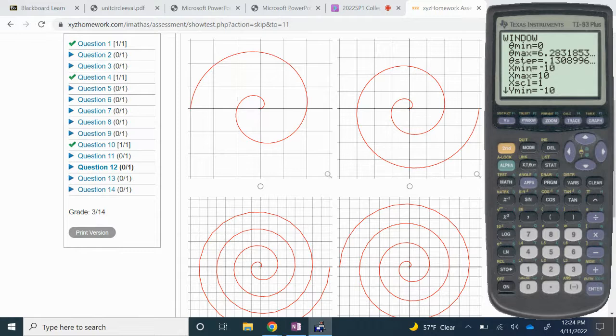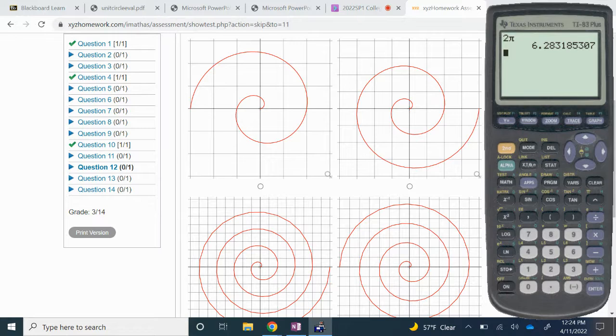We have some other stuff in here, like theta step and x min, x max. But we have theta max is 6.283. Now the 6.283, that's actually 2 pi, right?